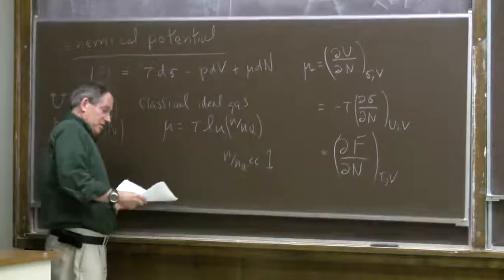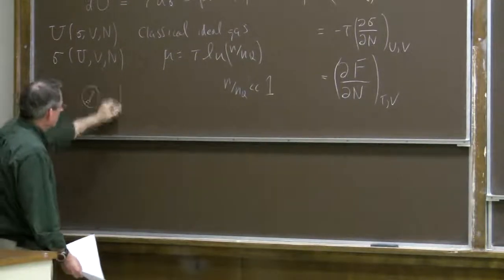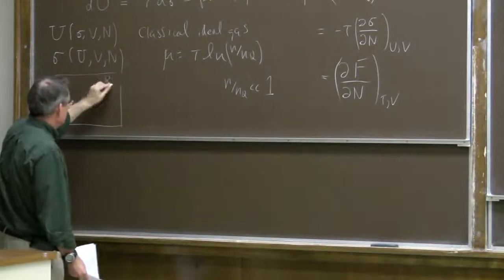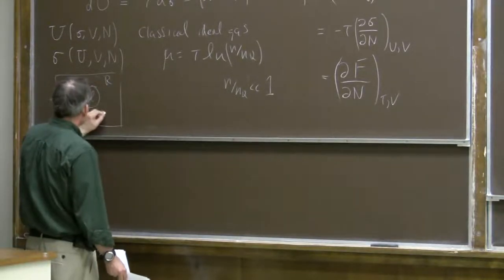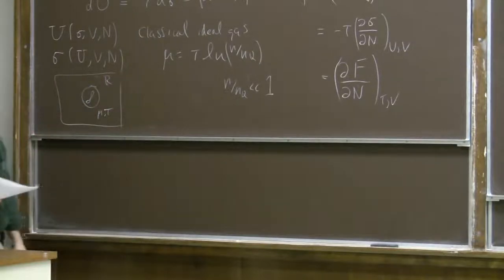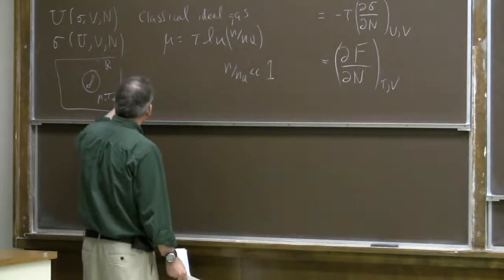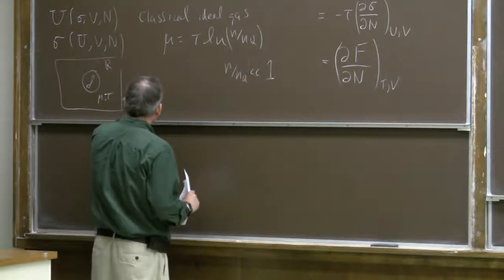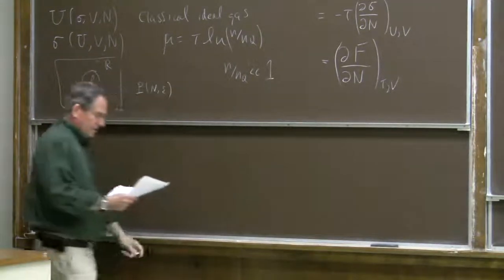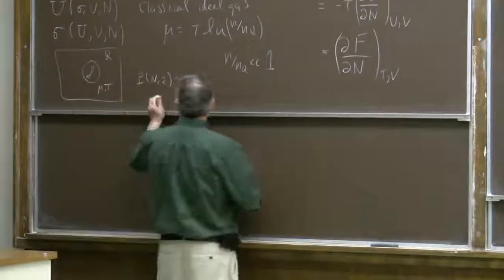Then we talked about the situation in which a system is in contact with a large reservoir. The reservoir has some specified chemical potential and temperature. And then we asked, if we look at some particular state of the system, characterized by a number of particles N and energy epsilon, what's the probability for the system being in that state?